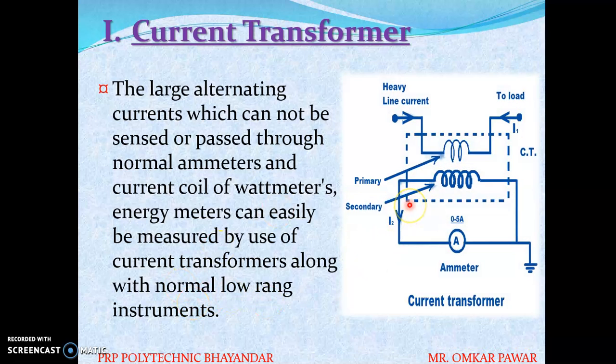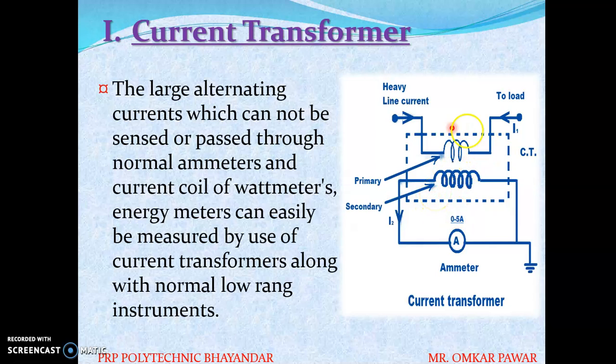So this is a diagram of current transformer. This is a heavy current line, transmission line or supply line. It passes a heavy current, several thousands of amperes, and this we take as a primary, and the secondary side, that is CT, is connected.